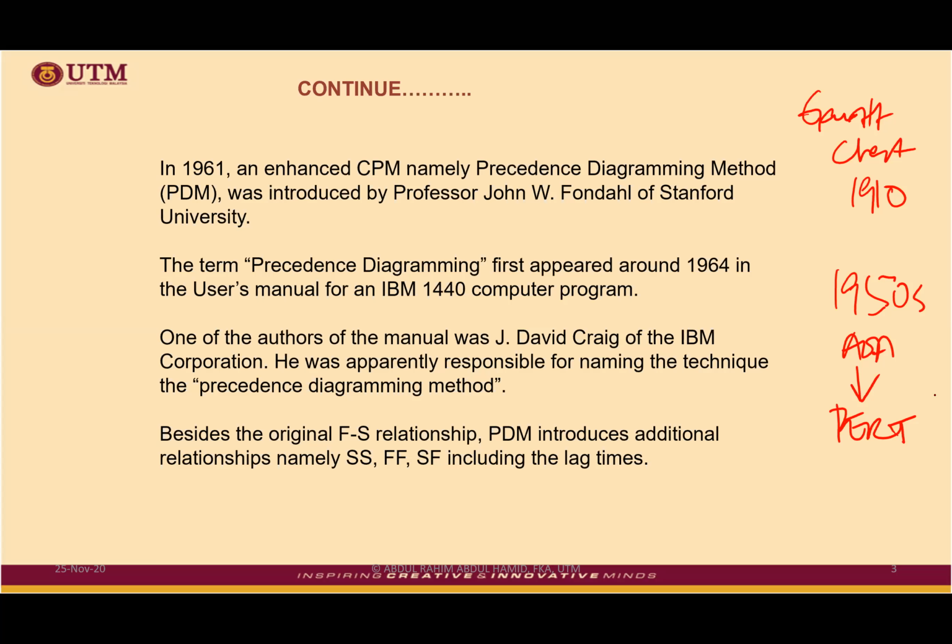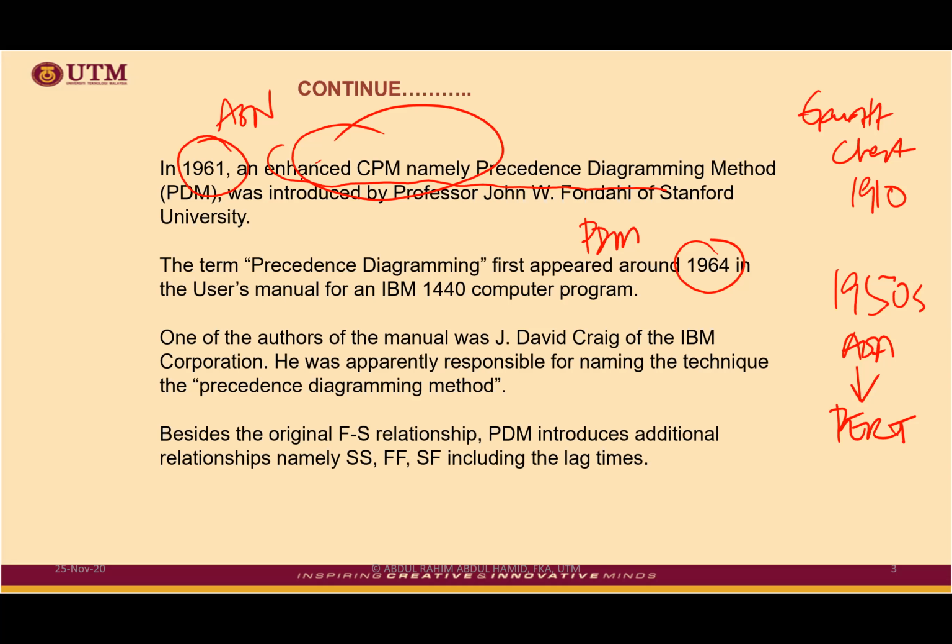Then come so-called AON diagram, early 1960s. And then in 1964, from AON diagram, they developed so-called PDM. So PDM is an enhanced version of what we call AON method actually, okay?